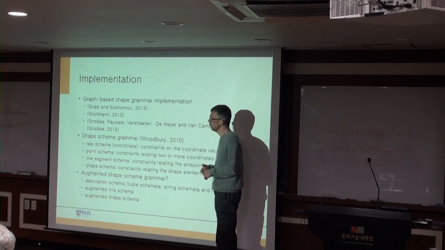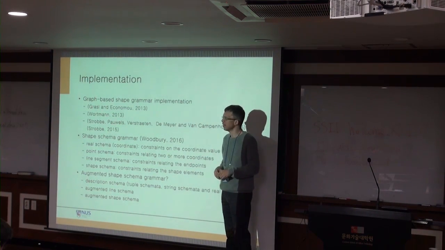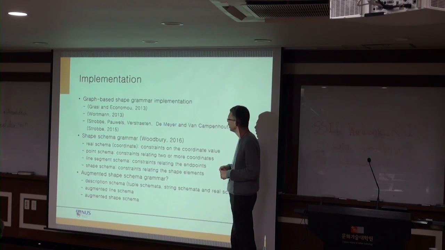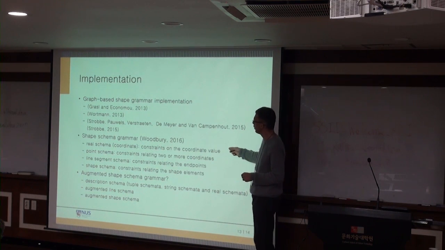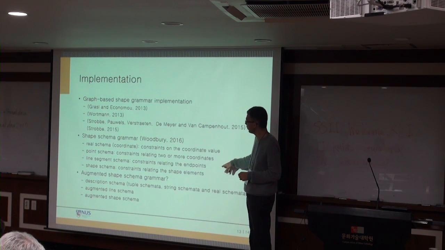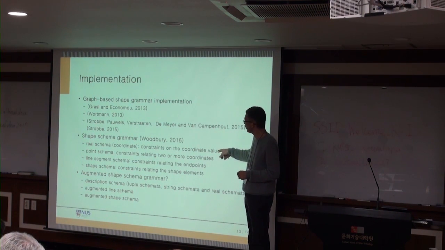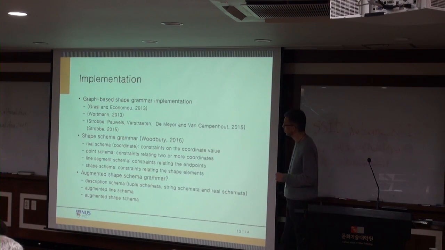Or an alternative is what Rob so nicely shared with us last year as the handout of his paper, the shape schema grammar, which just as a recap uses real schema, point schema, line segments, and shape schema schemata, where you can always have constraints on the coordinate values, relating the coordinates, relating the endpoints, or relating the shape elements.